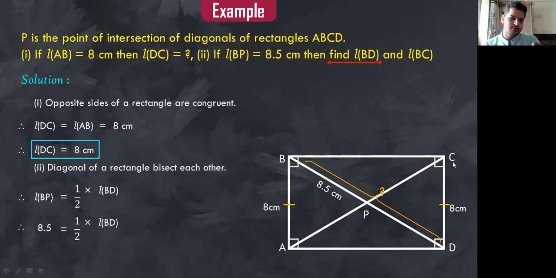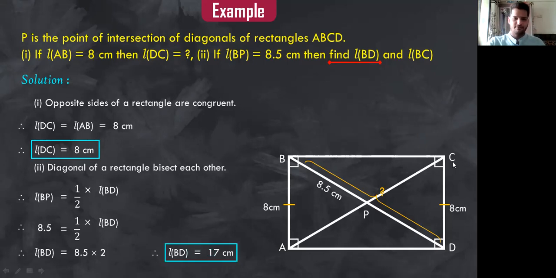But observe, students, 2 is dividing on the right. When it goes to the left, it will become multiply. So the length of BD will be equal to 8.5 into 2, which is a very simple calculation, that is 17 centimeters. And with this, we complete this particular example question.